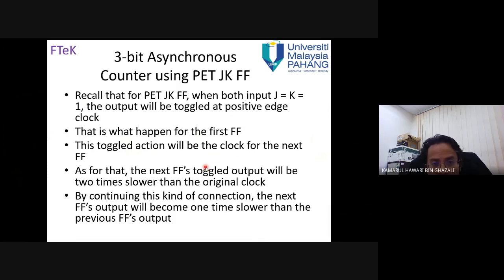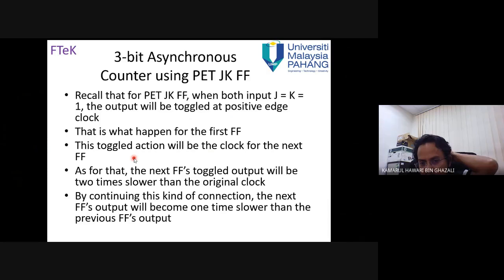Recall that for the PET JK flip-flop, when J equals 1 and K equals 1, the output will toggle at the positive edge clock. You refer to the table of the JK flip-flop. That is what happens for the first flip-flop.